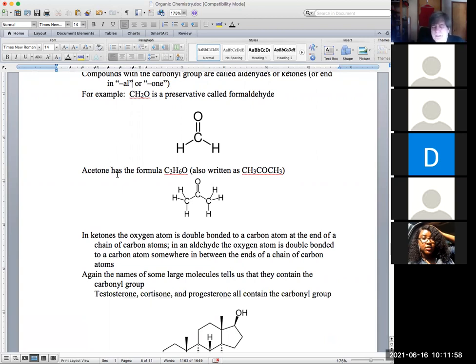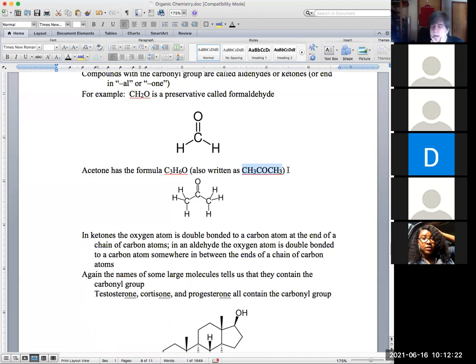Now, the most common ketone that people have heard of is something called acetone. Once we get to a molecule that's more than a few atoms, there are always alternate ways to write it. So we could write this as C3H6O, or we could also write this as CH3, CO, CH3.